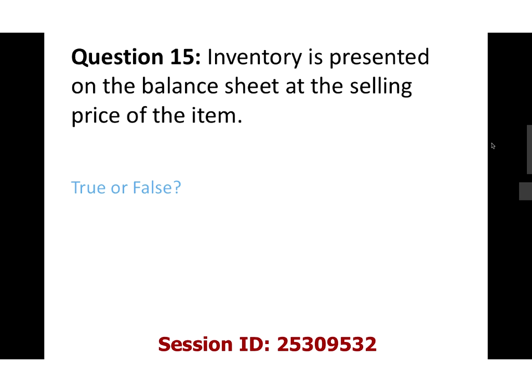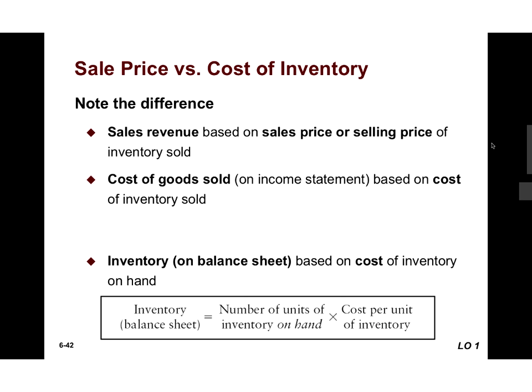Okay, inventory is presented on the balance sheet at the selling price of the item. 87% of you have it right, but what we're talking about is inventory on the balance sheet based on the cost of inventory on hand. The selling price is only used to calculate revenue on the income statement.